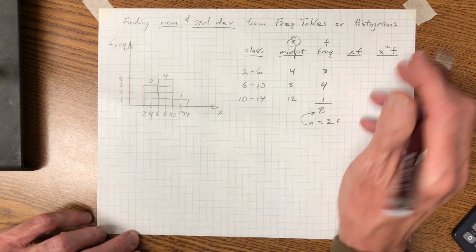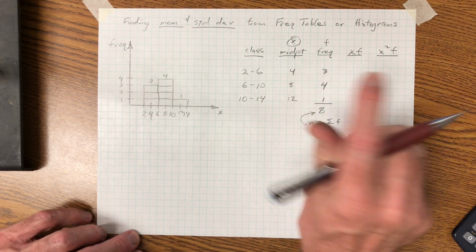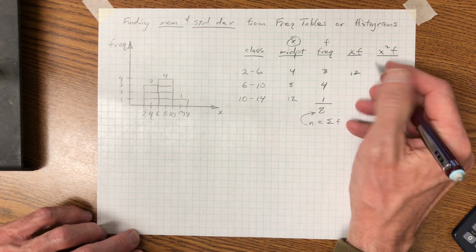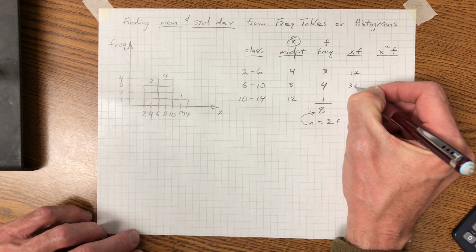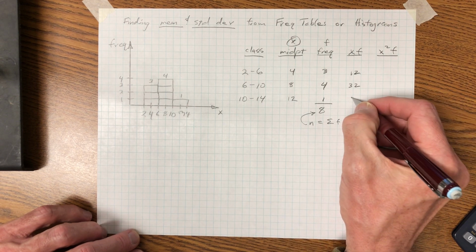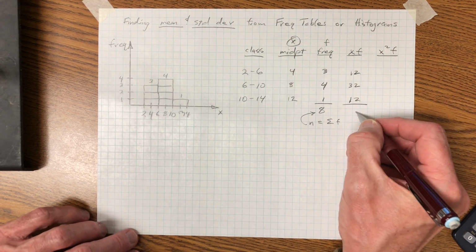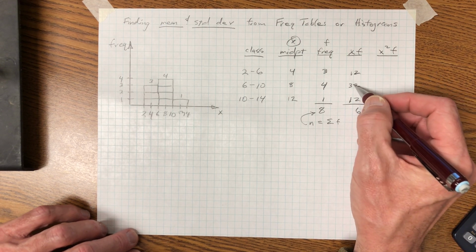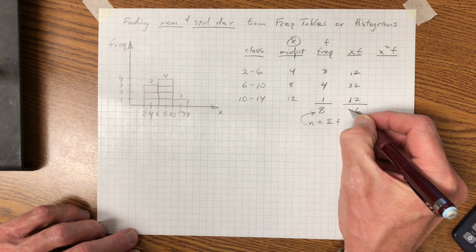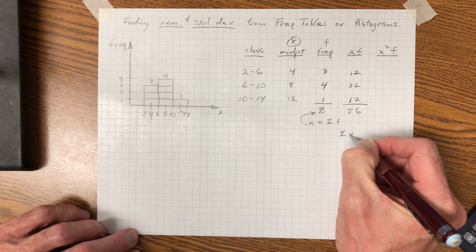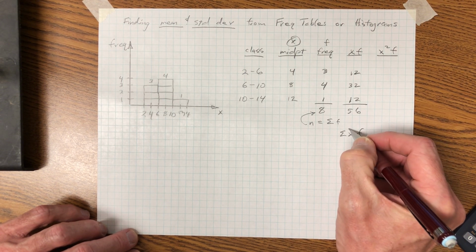Now we come to the xf column, and that is x times f, so this is going to be 12. 8 times 4 is 32. 12 times 1 will be 12. And then I add that column up, and I get 2, 4, 6, and this is 4, and 1 is 5. So this will be the sum of the x times f column.